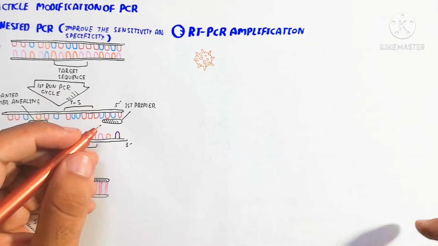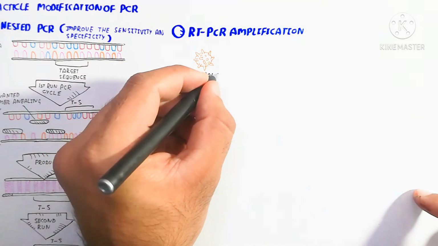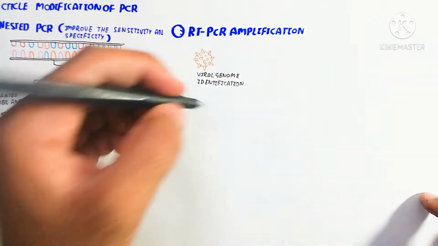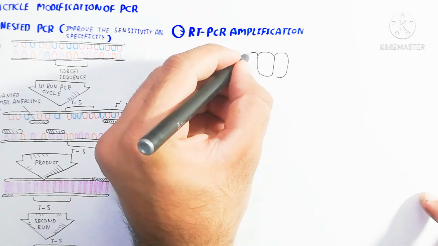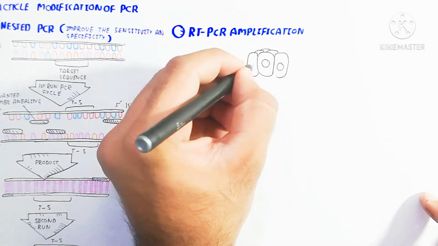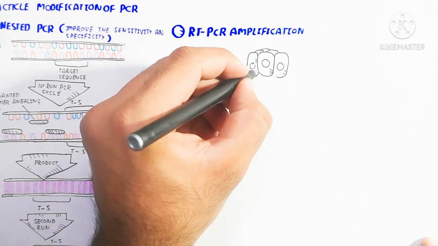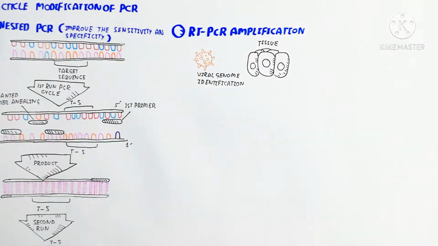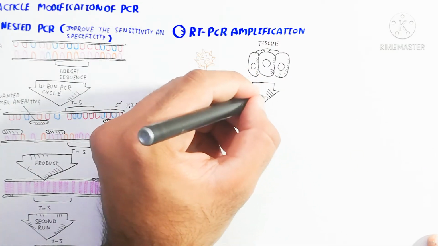So we can check the saliva of the human, which is used if there is a viral infection. The virus present in the saliva, we can separate that sample and use it for the polymerase chain reaction. So here is the tissue.